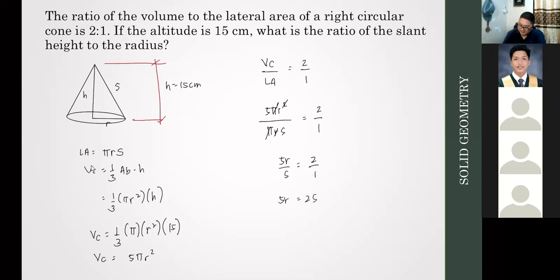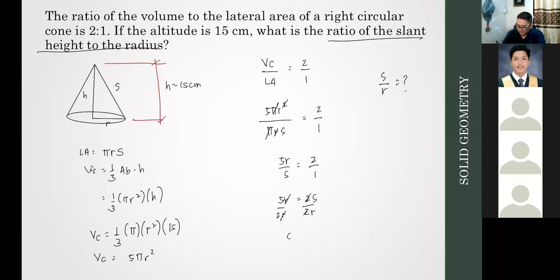What we need is the ratio of the slant height to the radius. So, we are looking for slant height over radius. Okay? So, let's divide both sides by 2 to remove the 2 on the right side, and then divide both sides by r.